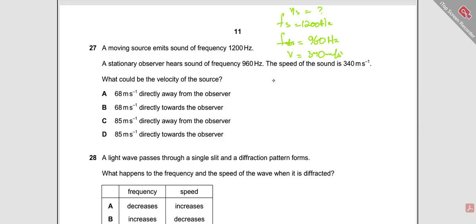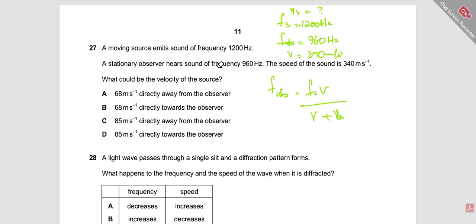So this makes us conclude that the formula we have to place here would be as follows. The observed frequency is less than the original frequency. So the final answer is less when we have a greater value in the denominator. This is the formula we'd go with. Let's just put in these values. We have to find the value of Vs. So we can write observed frequency 960.